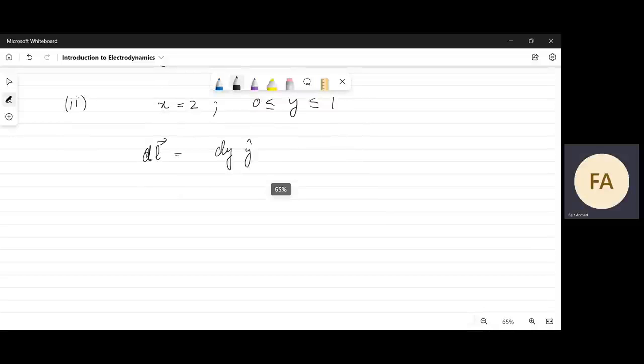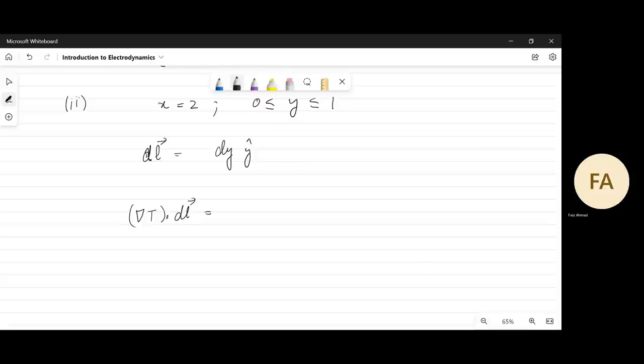If we take again the dot product of delta T with dl, we have to multiply with the y part of delta T, which is 2xy, and it will become dy. In this case x is 2, so it will become 4y dy.